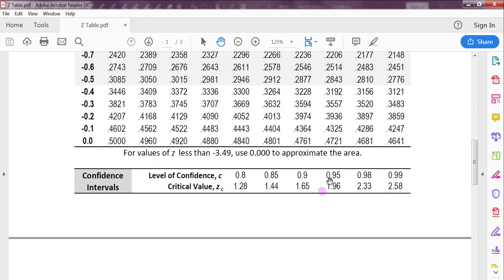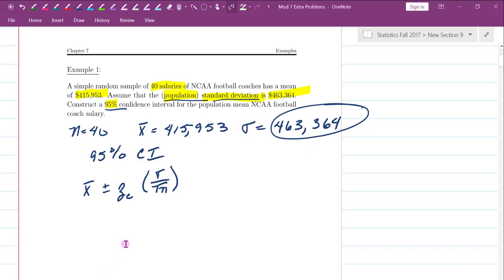So we're going to say at 0.95, our Z value is 1.96. So our critical value, Z sub C, is 1.96 when C is equal to 0.95 or 95%.